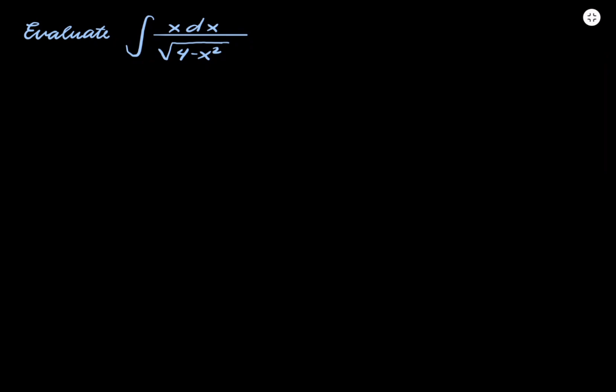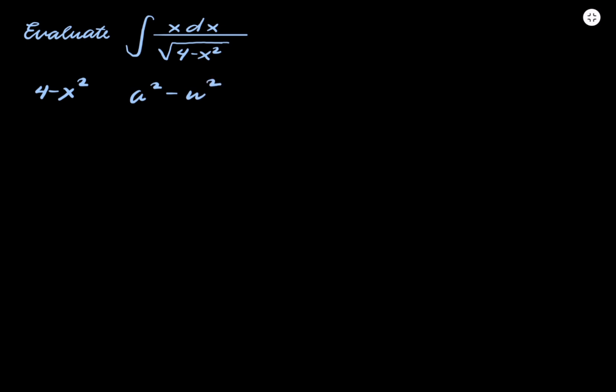So to solve this integral, we are going to use integration by trigonometric substitution. Why? Because notice that the integrand contains 4 minus x squared, right? So this 4 minus x squared is of the form a squared minus u squared, isn't it?